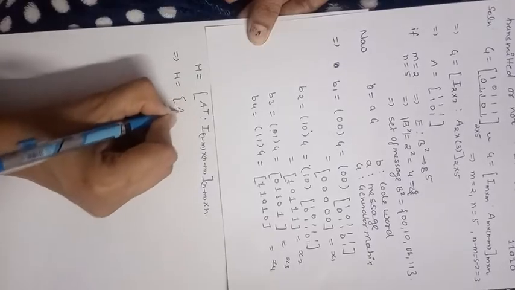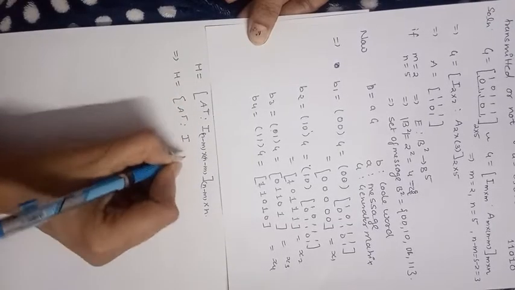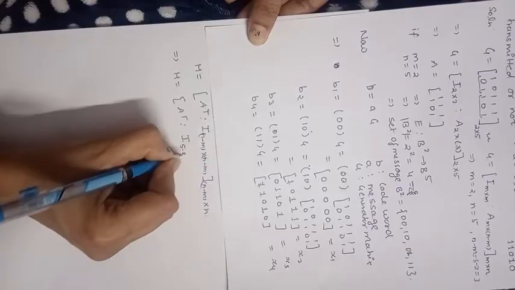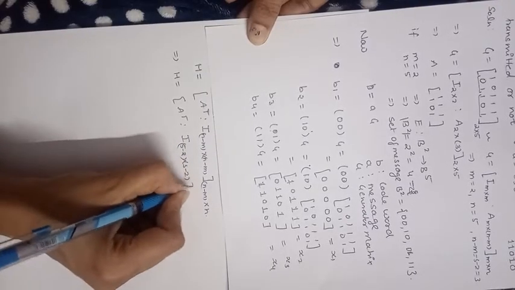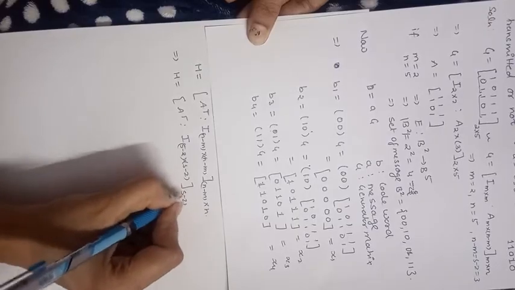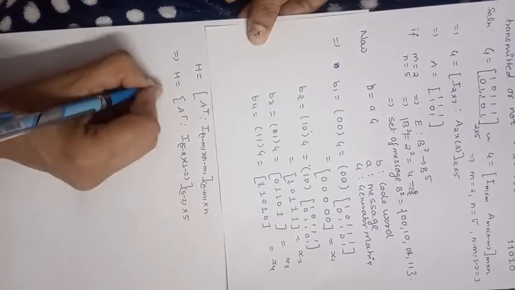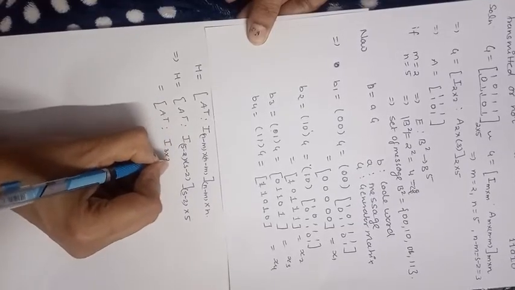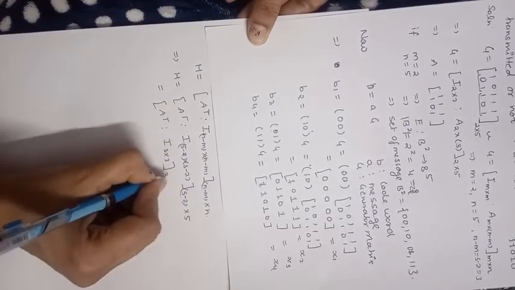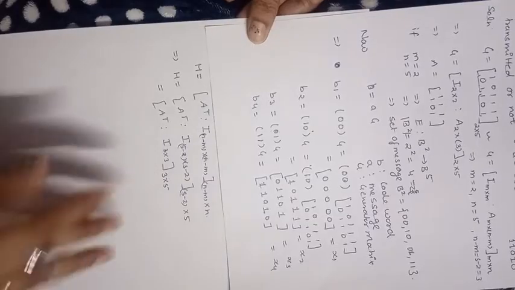Implies H should be A transpose and I, where I is 5 minus 2, that is a 3 cross 3 identity matrix, and finally the 5 minus 2 cross 5, that is a 3 cross 5 matrix.